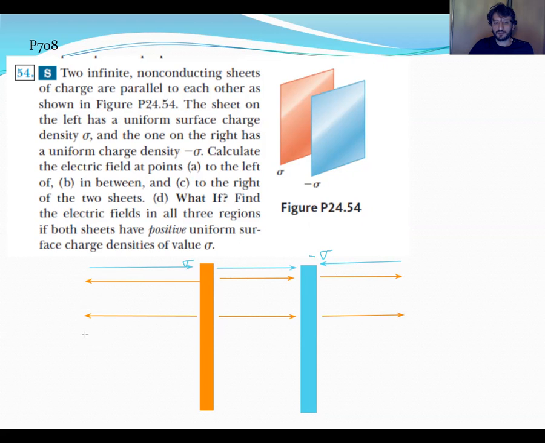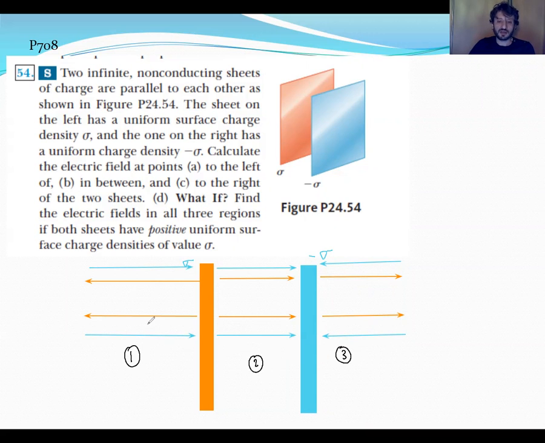Let's take the same for the infinite sheets. Look here. To the left side, here we have side 1, here side 2, and side 3.